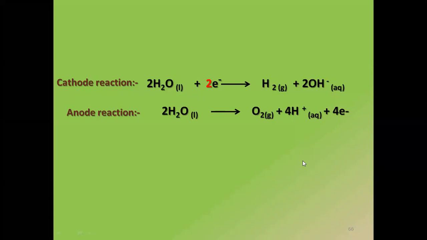Did you all understand the cathode and anode reaction? Keep one thing registered in your mind: at cathode, they are going to accept electrons, and at anode, electrons will be given out. This anode equation came because at anode, oxygen gas is produced, which is giving away the electron. And you have to write this. Whatever you say, Rishi, you have to do this.